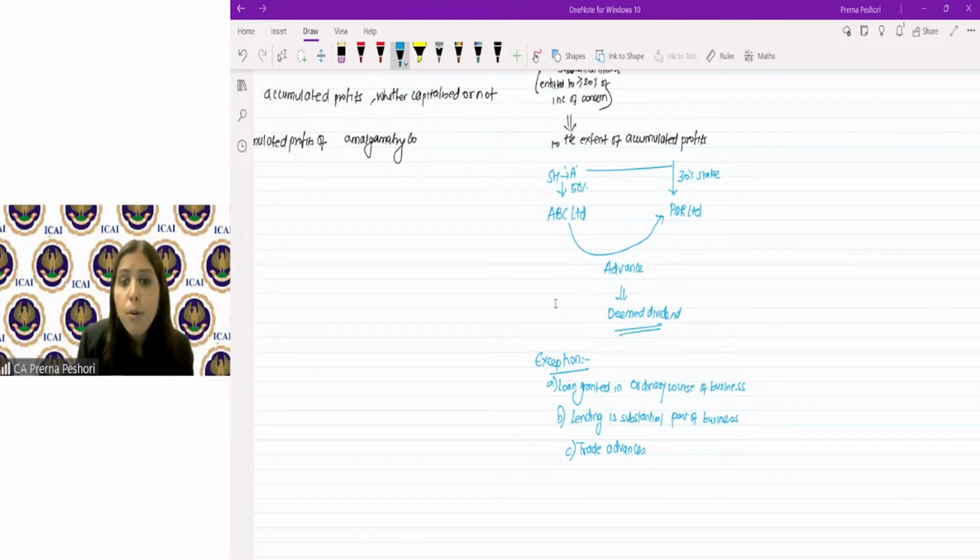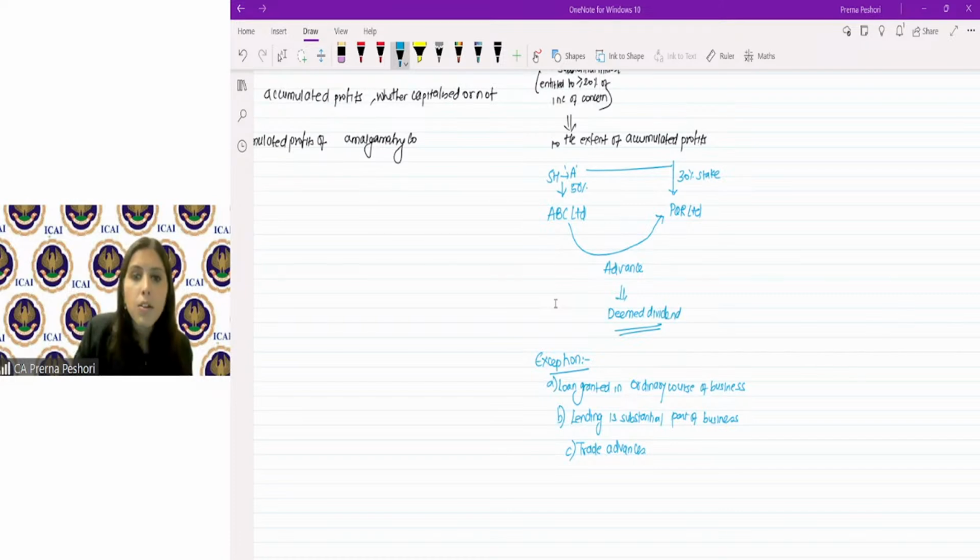Now, one more important point over here in the deemed dividend is that if, let's say, during the year I have made the repayment of the loan, whether it will make any difference for the applicability of 222E, the answer is no. So even if I have borrowed the funds from the company and repaid the funds back to the company, still 222E will be applicable. Because there is no exemption that if 222E is applicable, but if you have repaid the funds, it will not be applicable. No such exception.